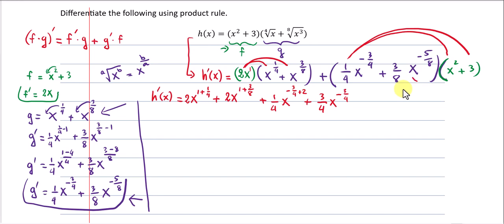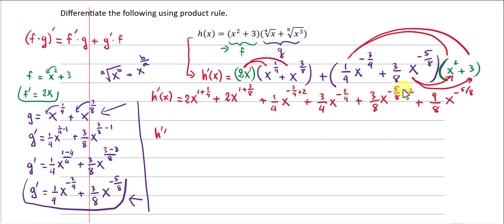I make the distribution to x squared. So I will have 3 over 8 and the exponents of the x, we will add them together. And also the last one, I multiply that by 3. So the 3 will multiply 3 over 8. I have 9 over 8. And then the x with the exponent minus 5 over 8.